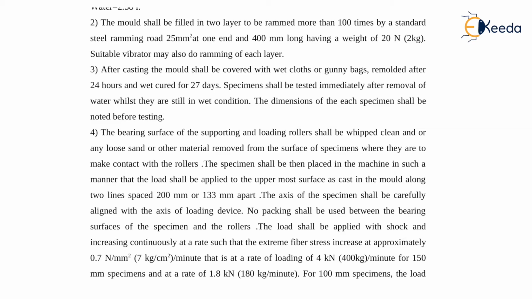The load shall be applied without shock and increasing continuously at a rate such that the extreme fiber stress increases at approximately 0.7 Newton per mm square per minute. That is at a rate of loading of 4 kN per minute for a 150 mm specimen and at the rate of 1.8 kN per minute for a 100 mm specimen.